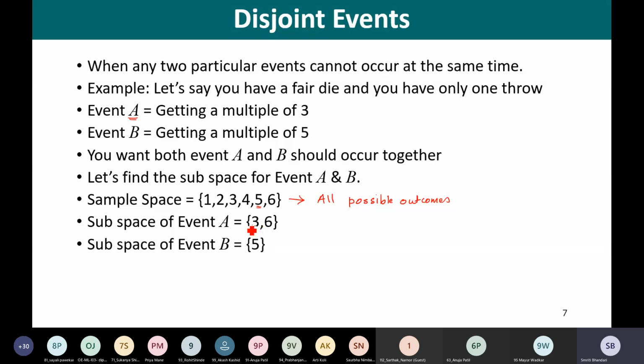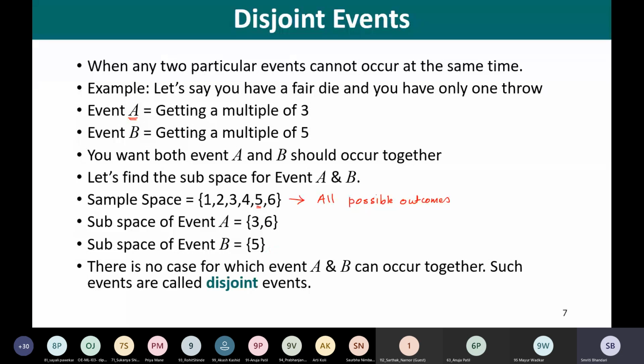No. Because there is no common element in these two subspaces. So there is no case for which event A and B can occur together, and such events are called disjoint events.